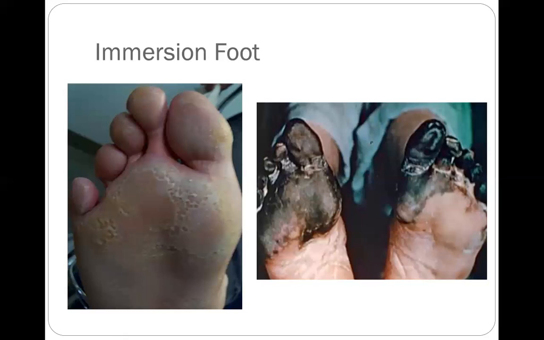When you go to bed at night, put a dry pair of socks on and let the warmth of you sleeping and the dryness of the socks dry out your feet while you're sleeping.